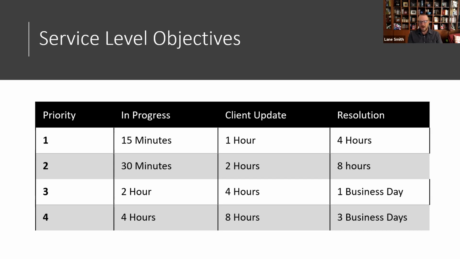So your problem's not Jerry, your problem is Bob is not escalating properly, right? So kind of think about what you want to look at and the actions and the levers that you want to move for your team to make sure that they're all providing this consistent level of service for your customers.